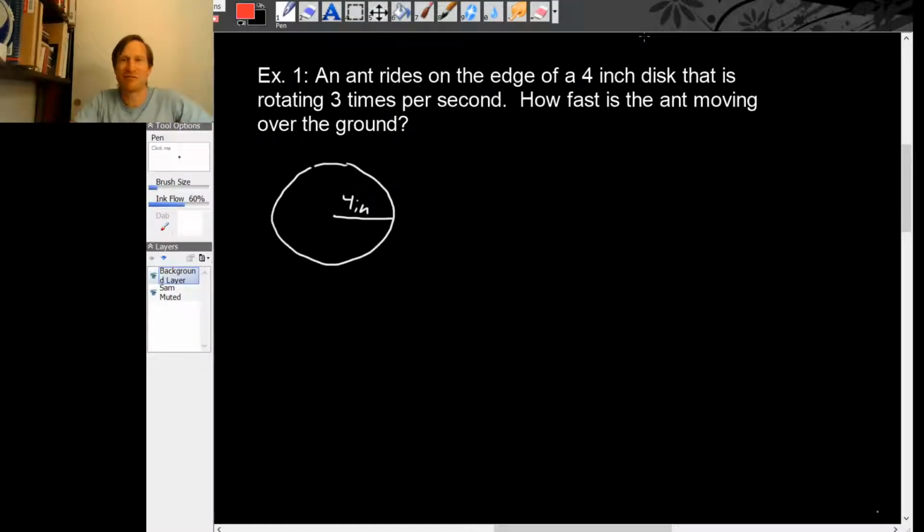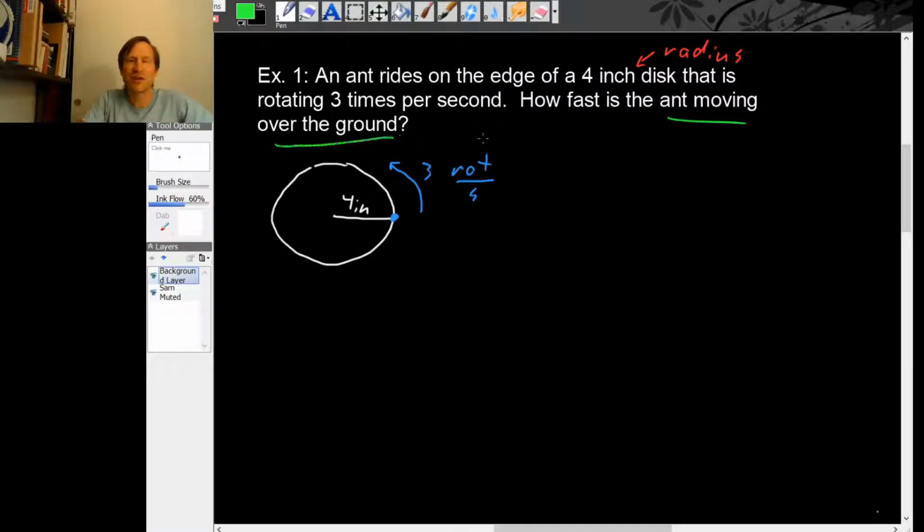Let's say this is the radius of the disc. And maybe the ant starts here, the disk is rotating 3 rotations per second. And we want to find how fast the ant is moving over the ground. I guess that would be linear speed in this situation.